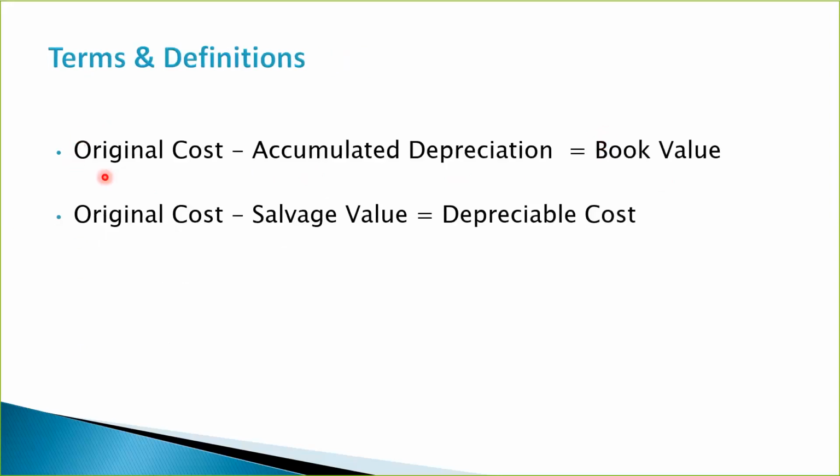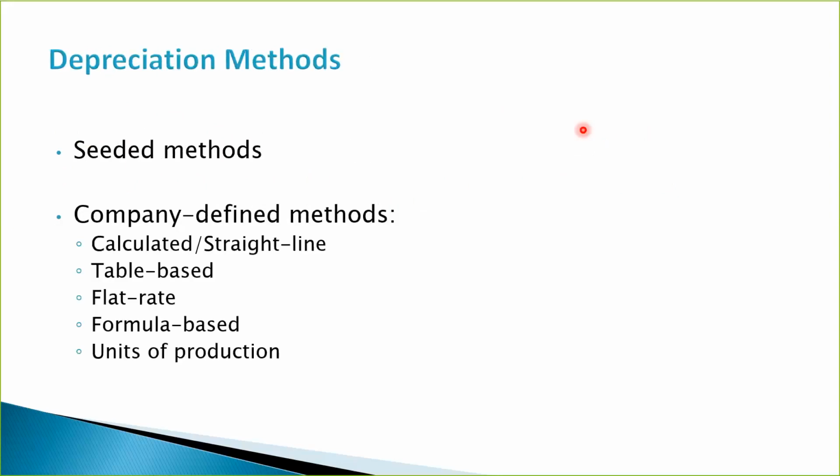By the time we are done depreciating that asset, the only thing we'd be left with maybe is the salvage value. So instead of that, we use this accumulated depreciation account, and then we can perform this mathematical operation to obtain the book value of that particular asset.